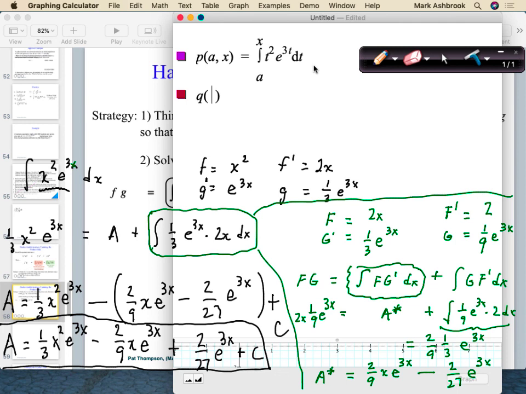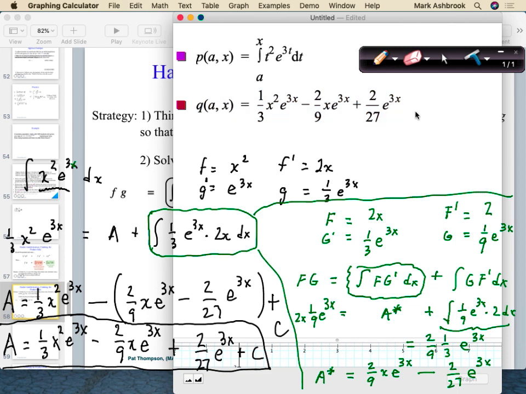Equals 1/3. What about the a? Plus a? Is that right?